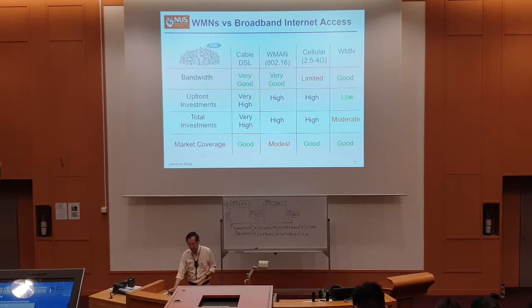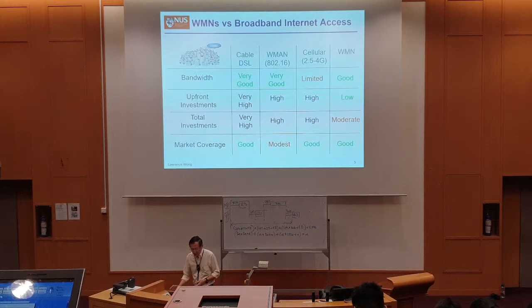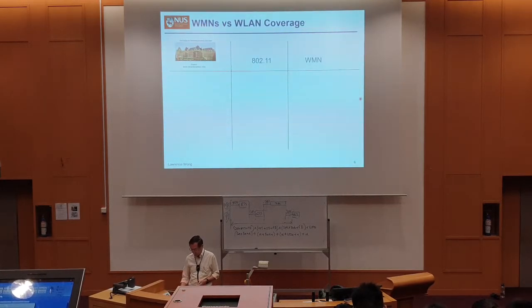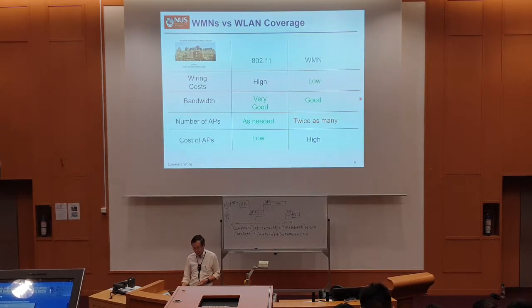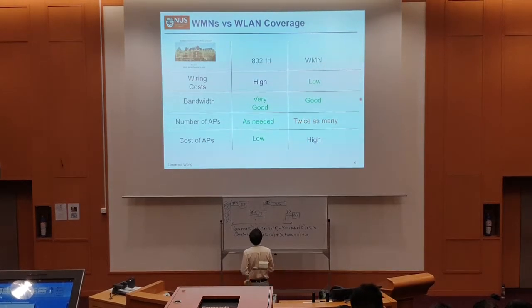In the case of mesh network, bandwidth is okay, but not fantastic. The main thing is that it is not too costly to set up for mesh network. If you compare with Wi-Fi, of course Wi-Fi can also be set up as a mesh network. Because it's wireless, there's no wiring cost or limited wiring cost.